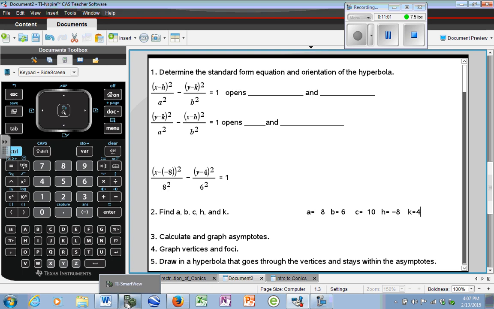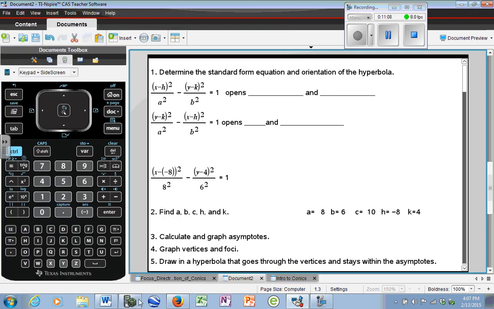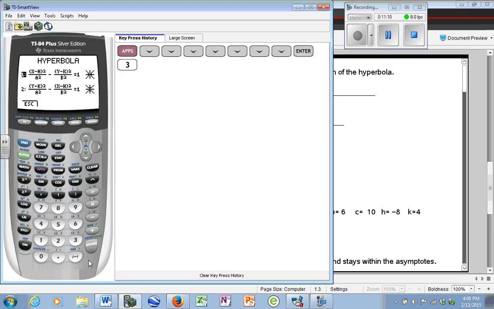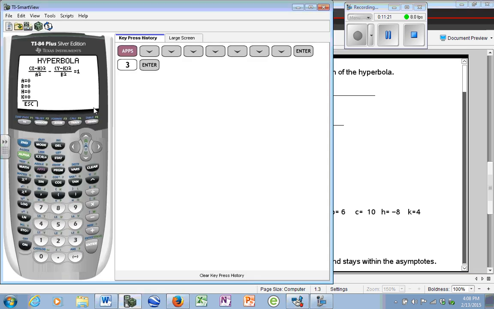Since we've got A, B, H, and K, we can select the first one, and we plunk them in. A was 8. B is 6.